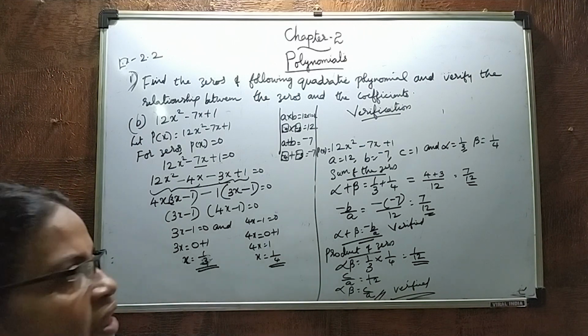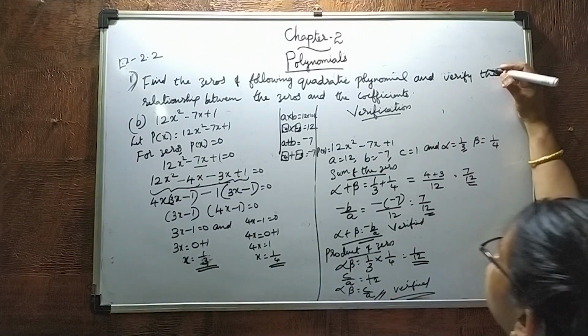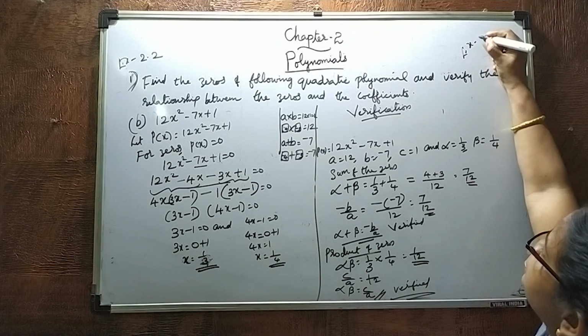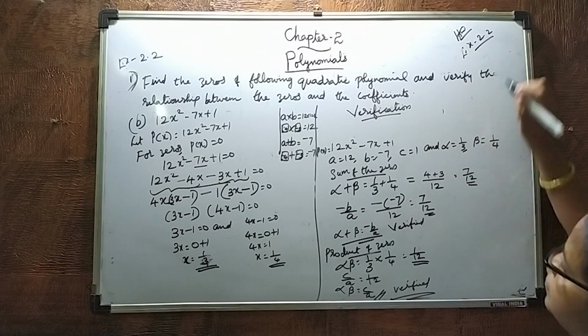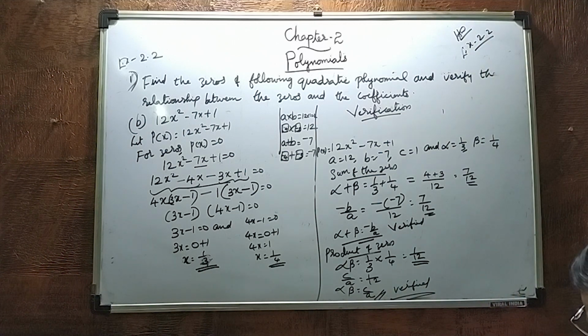And homework is there, in exercise number 2.2. It is 2, 3, not 4.